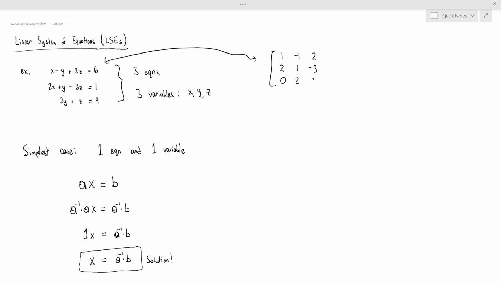So we can put those into a matrix. And if we multiply that matrix with the vector x, y, z, so the vector of unknowns, then that would be set equal to the right-hand side of our linear system of equations, 6, 1, 4.